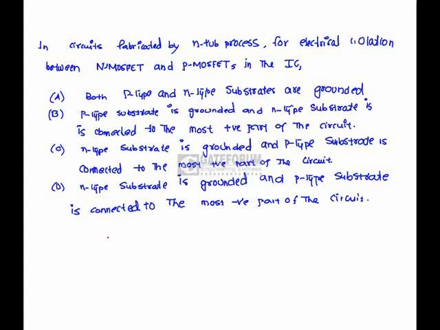Question is, in circuits fabricated by the N-well process, for electrical isolation between the NMOSFET and PMOSFET in the ICs. See, this is an N-well process, meaning first of all we take a P substrate and construct an N well, which is nothing but an N substrate. Using this, we construct a P type MOSFET. Using the P substrate, we construct an NMOS. Each consists of source and drain.